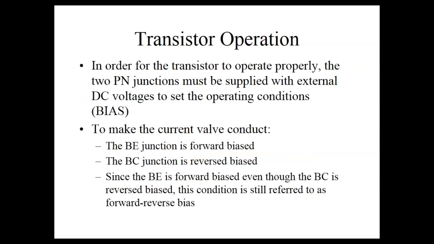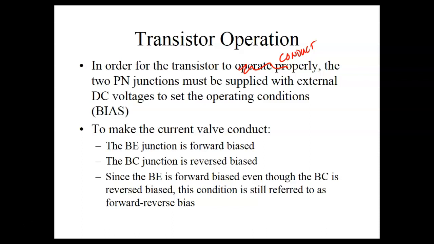In order for the transistor to operate properly, or to conduct, I should say conduct, the two p-n junctions must be supplied with external DC voltages to set the operating conditions, and we know this is called bias. So DC voltages that are applied to a semiconductor to set its operating conditions, we call bias.